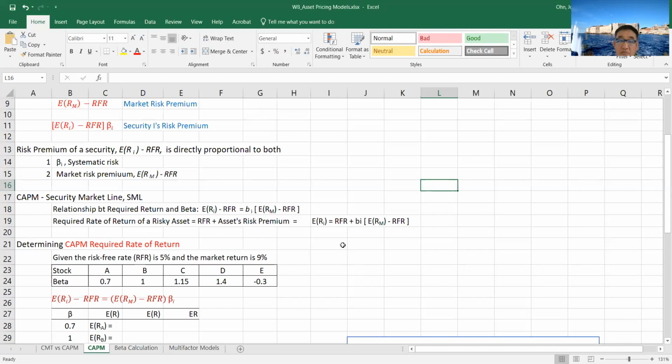Because with the capital asset pricing model, the goal of using this one is to determine the required rate of return of a stock, of a risky asset. Right? You see that?